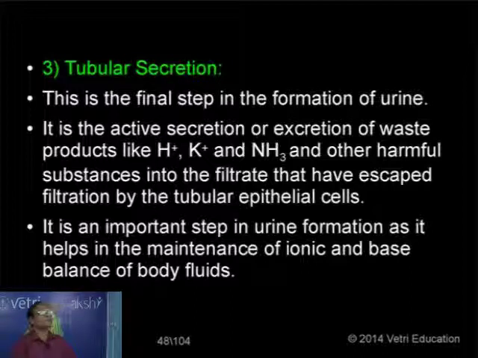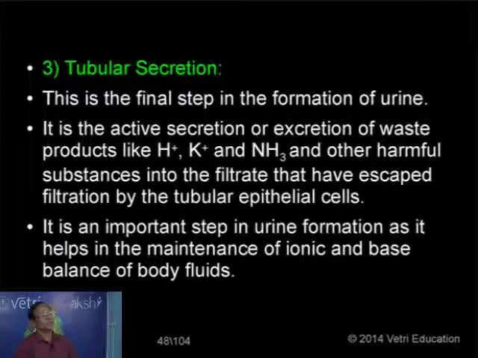It plays an important role in urine formation because it is responsible for maintenance of the ionic balance and acid-base balance of the body fluids. Mainly hydrogen ions, potassium ions, ammonia and urea are excreted or secreted.